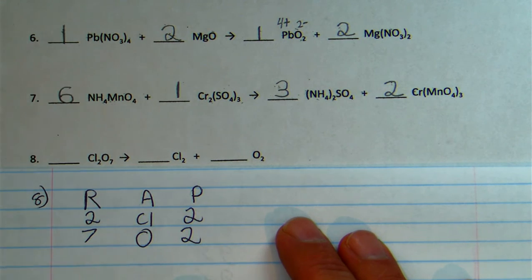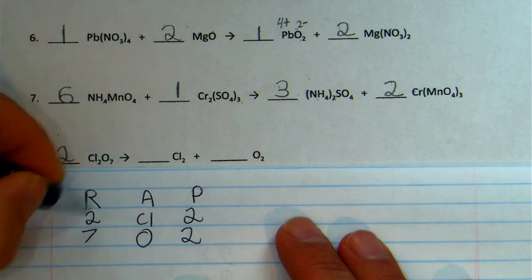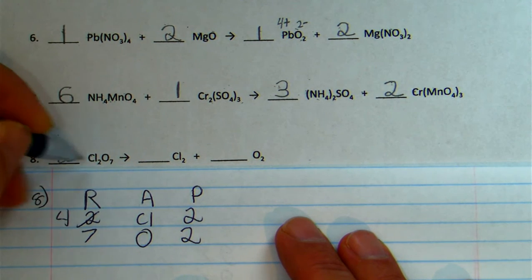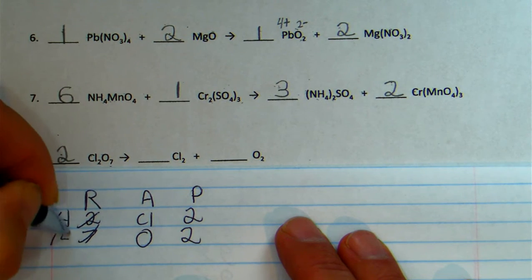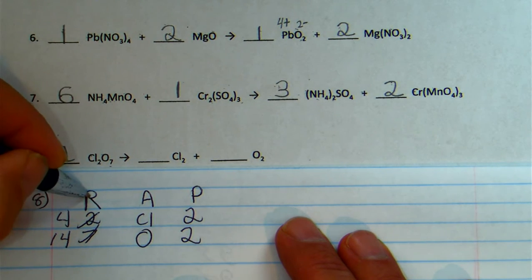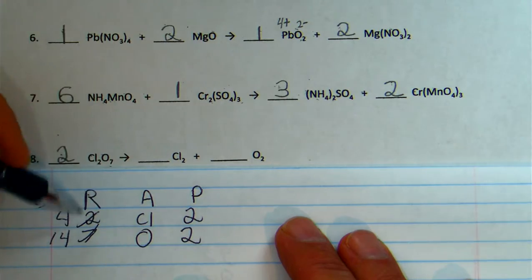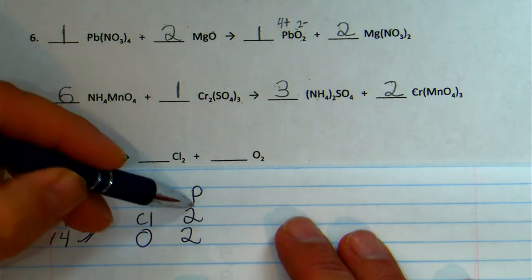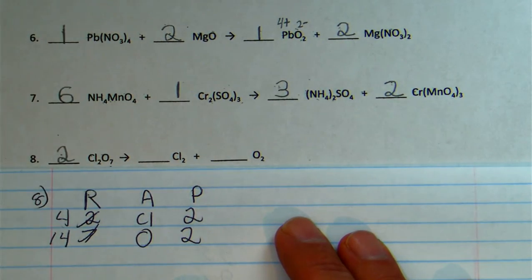I'll try doubling them. All right, so now 2 times 2 means I have 4 chlorines on the left. 2 times 7 means I now have 14 oxygens on the reactant side. On the product side, I need twice as many chlorines as I have.